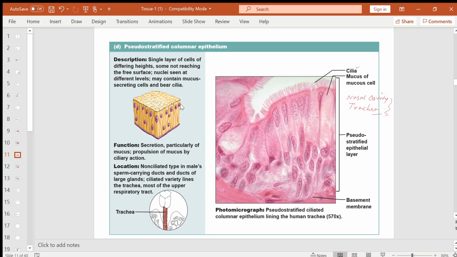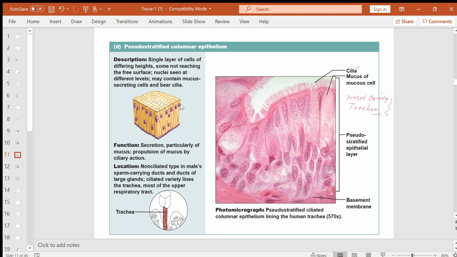Why? Because this epithelium has cilia, and the cilia work like a broom. Cleaning is the function I mentioned before.